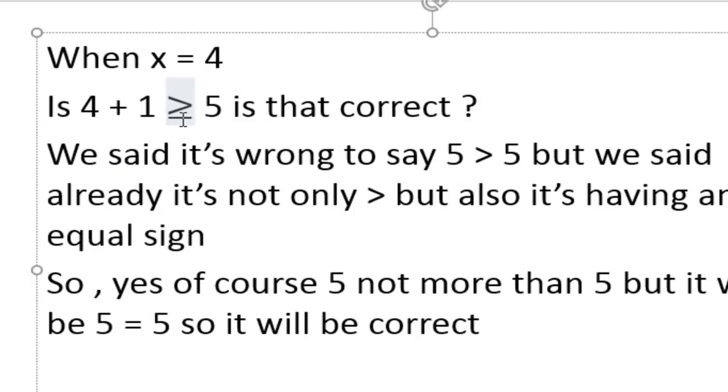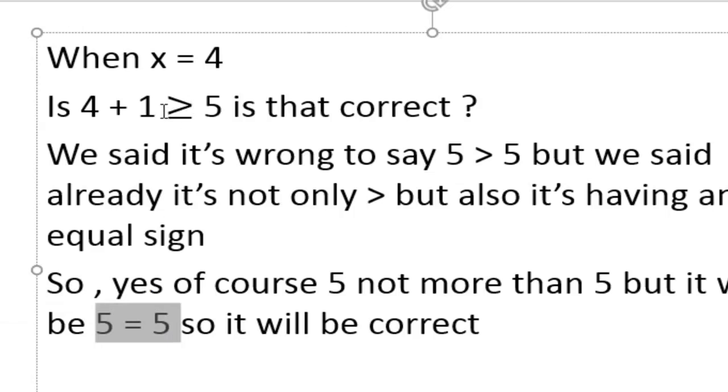If we have the line under the sign of inequality, it means equal. So 4 plus 1 equals 5, and 5 equals 5, yes, it's true, because the left side equals the right side. Of course 5 is not more than 5, but it is 5 equals 5. Why do we say this? Because we have the equal sign in the inequality.